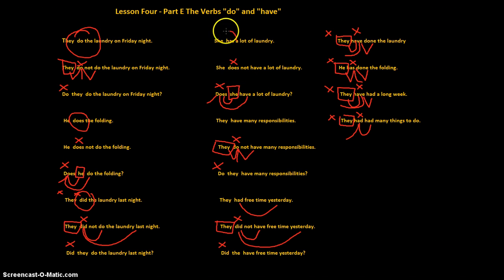She has a lot of laundry. Here we have only one word by itself, has. We know it's a verb because the X word has always ties with the DTN form. Here, has is alone. We know it's a verb. Have, it's a verb because there's no X words with it. And there's no verbs with it. It's by itself.